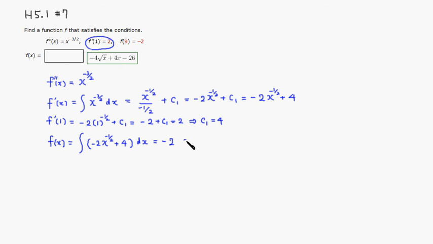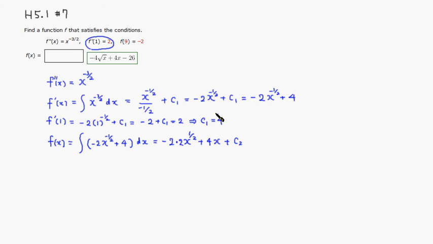Add 1 to the power, you have positive 1/2. Dividing by 1/2 is the same thing as multiplying by 2, so I'm going to put 2 here. Plus the antiderivative of 4 is 4x. Then you have some constant, so plus C2. I'll use C2 just so that it's different from C1.